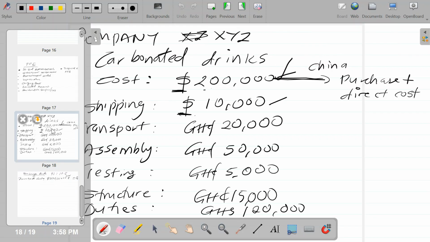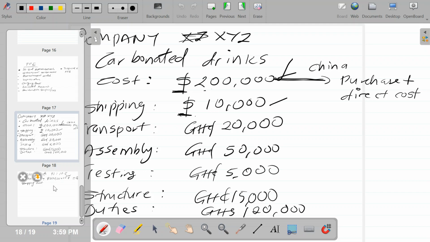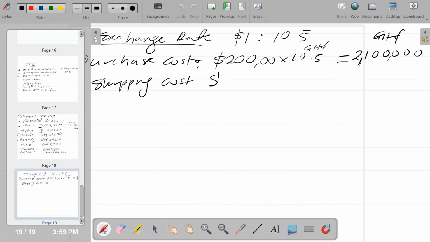We have shipping, our shipping cost, and that's 10,000 times 10.5. So 105,000.